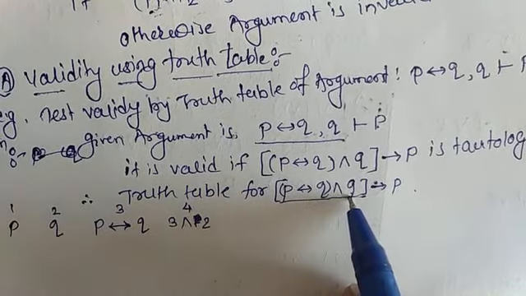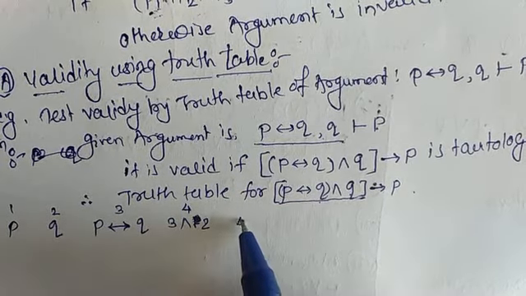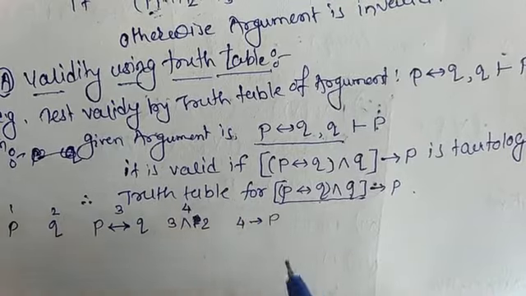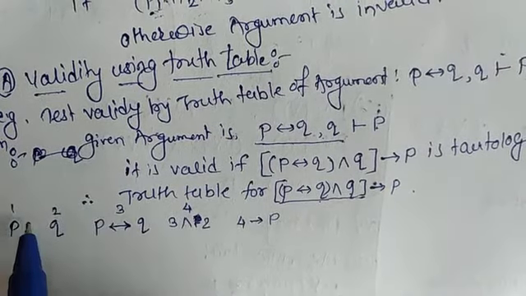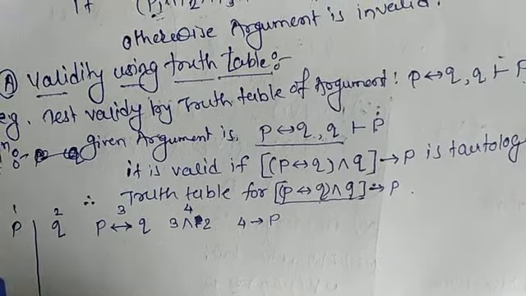Then 4 implies P. This is the truth table we have to find.